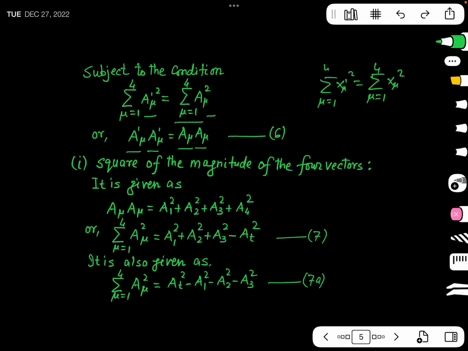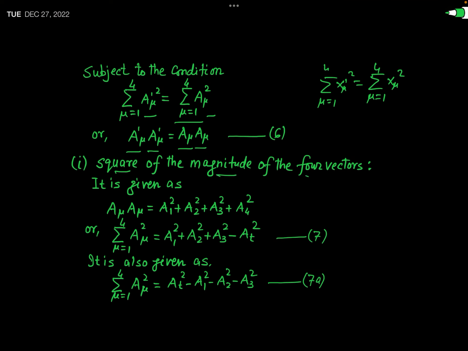First of all, we will learn how the square of the magnitude of a 4 vector is obtained. In fact, when you talk about the square of magnitude of a 4 vector, you can see it is defined as a mu times a mu. This is just the summation mu 1 to 4 a mu square. And this is defined as a1 square plus a2 square plus a3 square plus a4 square. This is just analogous to the 3D vector.